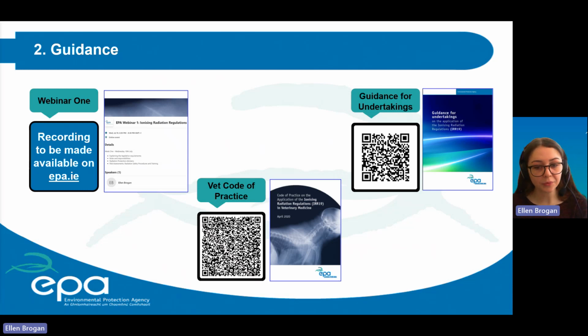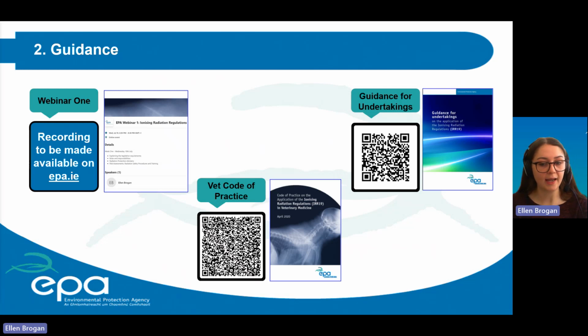And then there is the code of practice on the application of ionizing radiation regulations in veterinary medicine, which I will refer to as the vet code of practice. This sets out in an easy to read format what the veterinary sector must do to comply with the legal requirements of IOR 19. The code of practice is a legally binding document, which means the requirements contained in the code are legally enforceable.